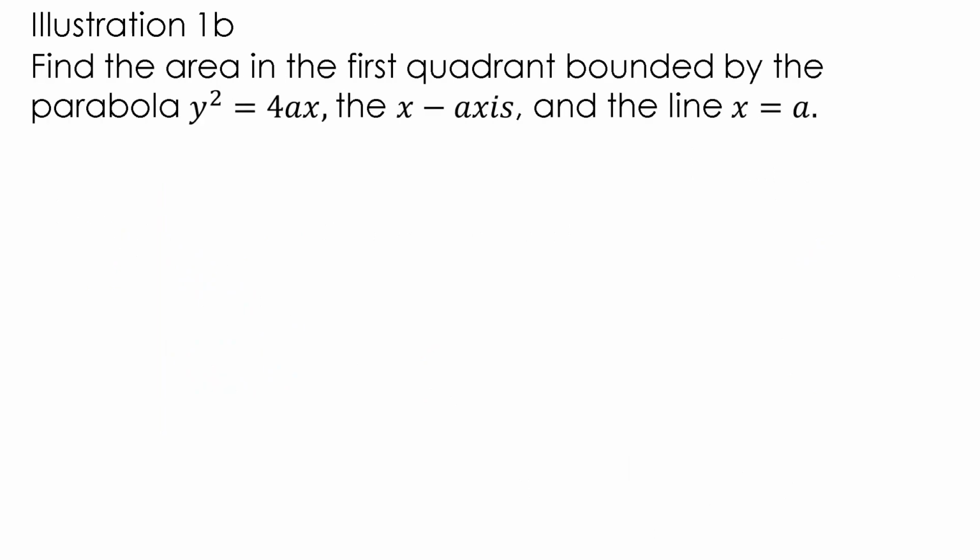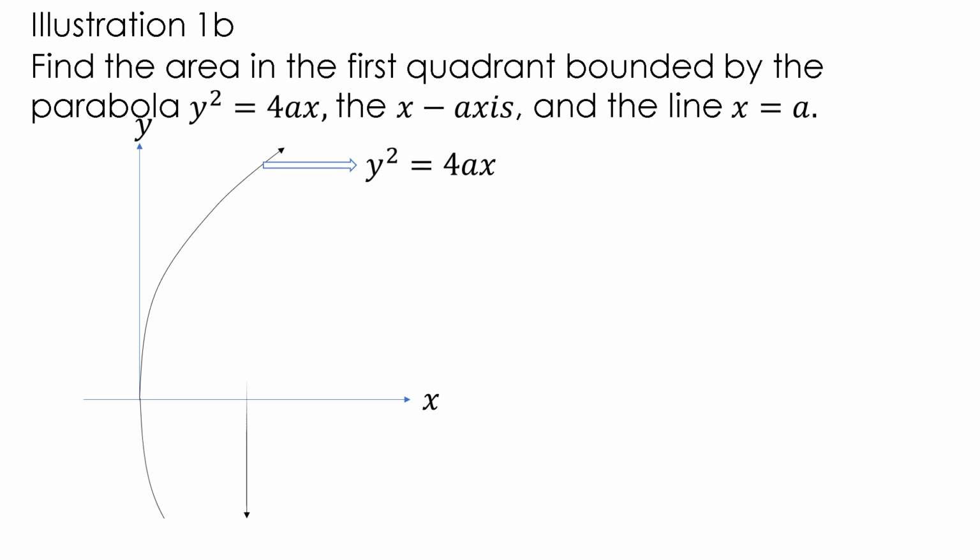Let us solve the first quadrant area, bounded by the parabola y squared is equal to 4ax, the x-axis, and the line x is equal to a. The parabola y squared is equal to 4ax opens to the right with a vertex at the origin.